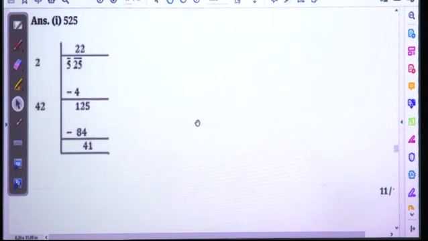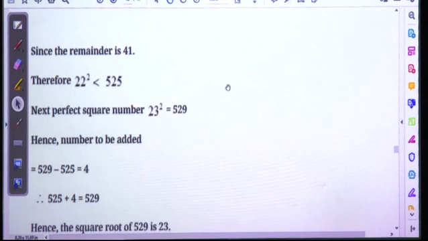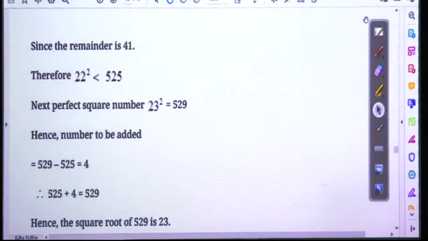So 22 square is less than 525, and the remainder is 41. So the next perfect square is 23 square, which is 529.